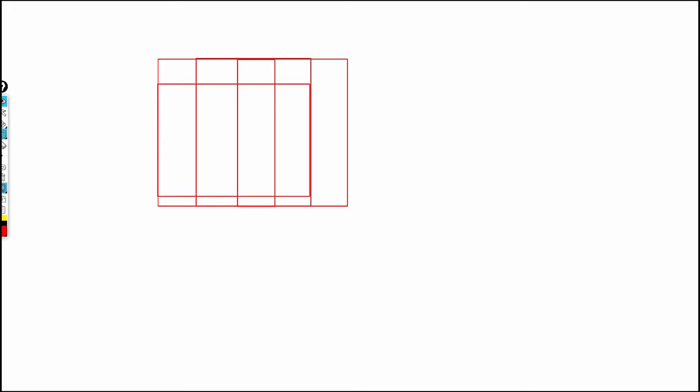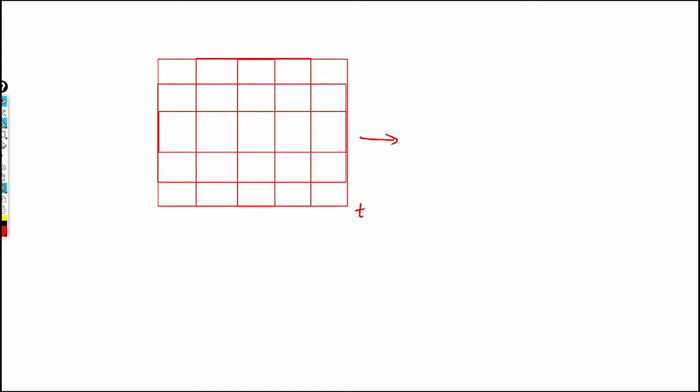If you have a coordinate grid like this, with t on one axis and f of t on the other, and you go from t to a t, where a is a real number, how will the grid lines change?